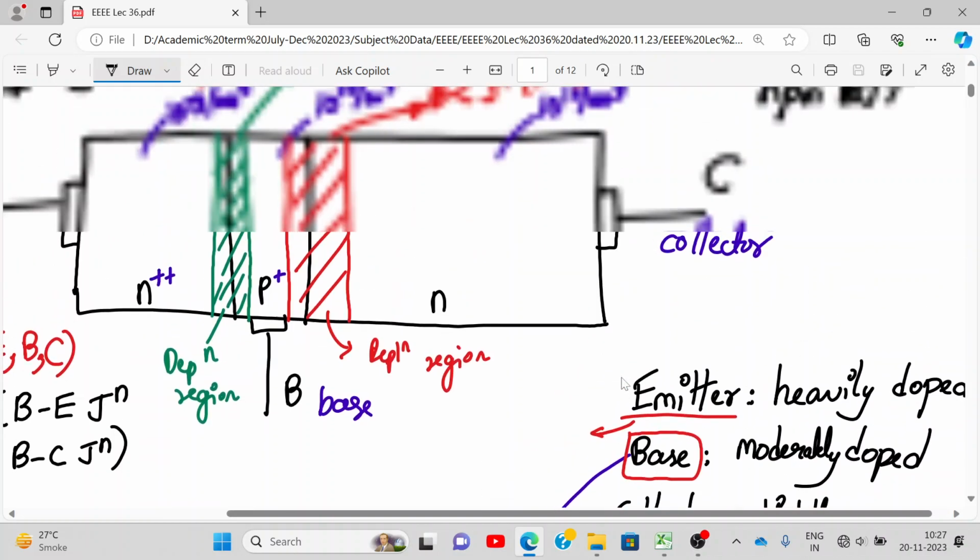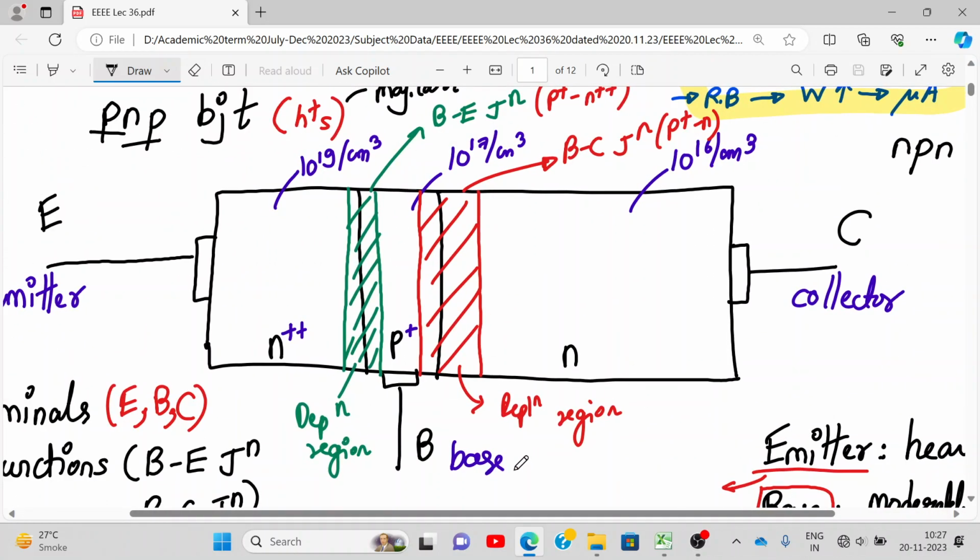Are you understanding? So the base region is so thin, let's say it's in the ratio of 1 to 20. The base width is 1 and the collector width is 20. So in the base the concentration of carriers is more. But if we extend the base region to the collector region, it will be lightly doped. Do you understand what I'm saying?